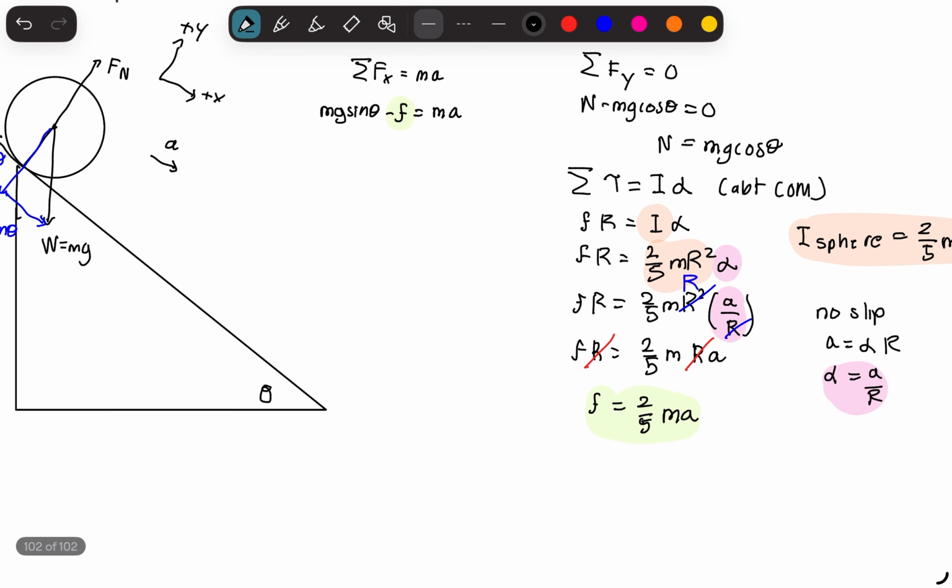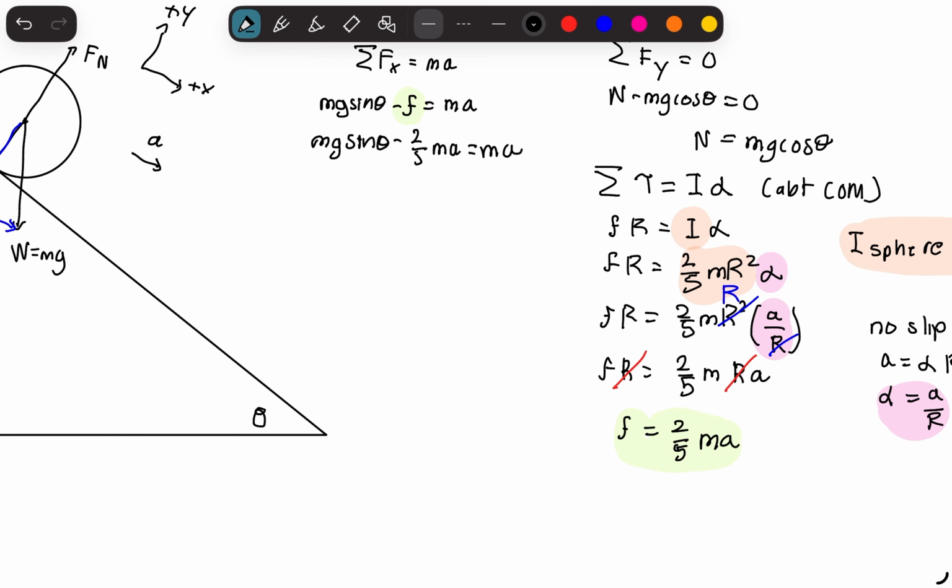So this is going to be mg sine of theta minus 2 over 5 mass times acceleration is equal to ma. Now we just move our friction term to the right, plus 2 over 5 ma, and this cancels out.